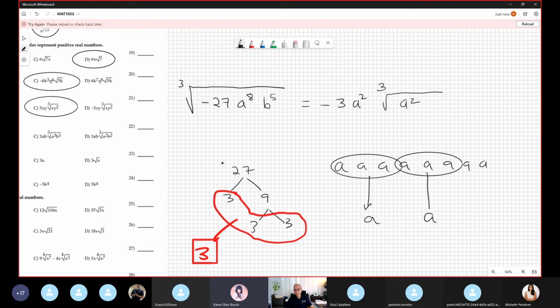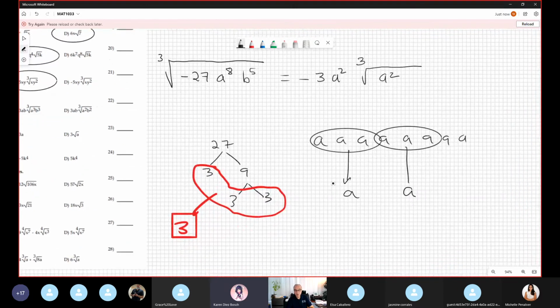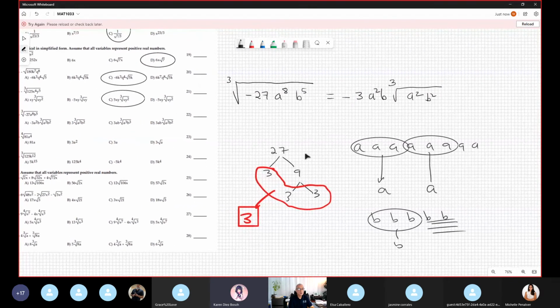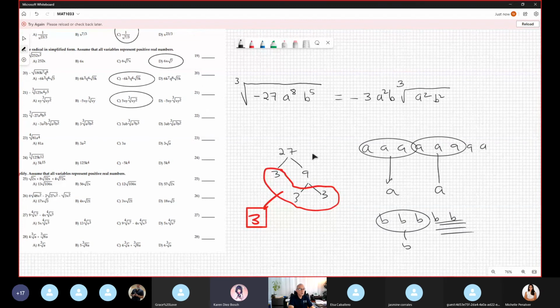Not all will happen this way, but it happened. And the b is easy. 1, 2, 3, 4, and 5. And you select 3 by 3, 1 b. b outside. And b squared stays inside the bracket. Minus 3 a squared b. That is option A.